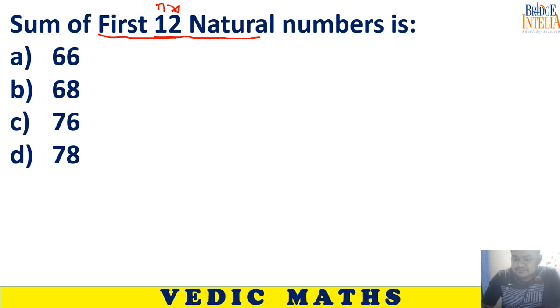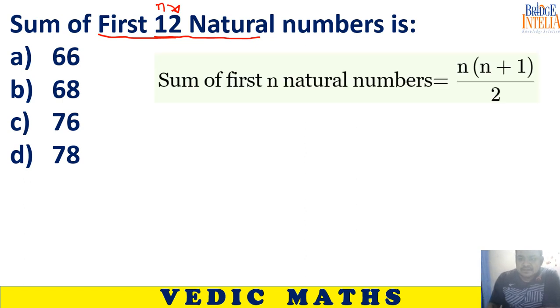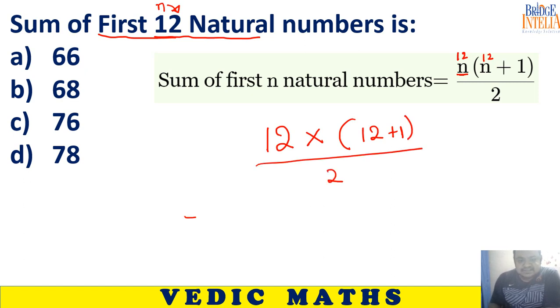So what is the formula? This is the formula. Simply in place of n you have to write 12, and you will get the answer. So 12 multiplied by 12 plus 1 divided by 2. So this is equal to 12 multiplied by 13 divided by 2.